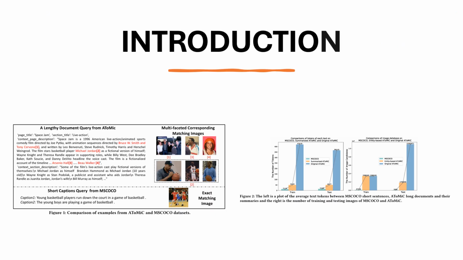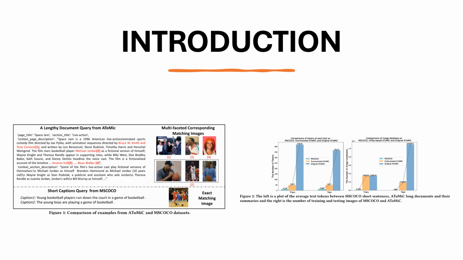So here we can see an example of a lengthy document query from Atomic. There are so many words, and the other is a short caption query from MS Coco. In the second example, a short caption query from MS Coco, the caption is young basketball players run down the court in a game of basketball.